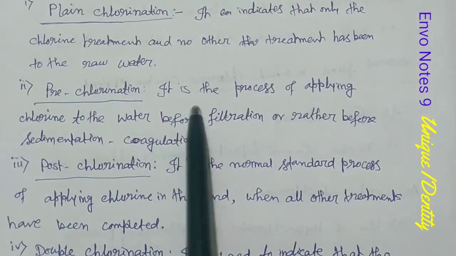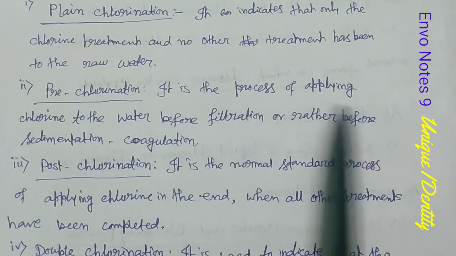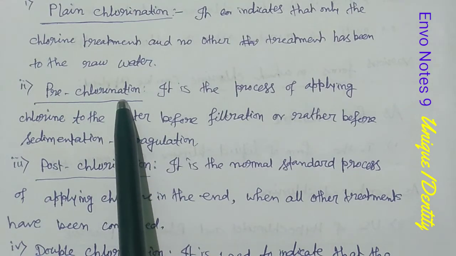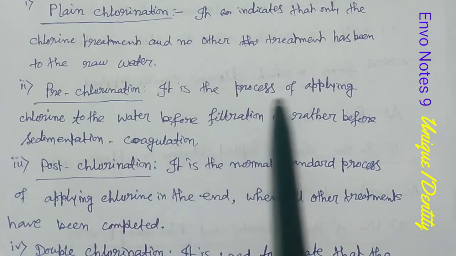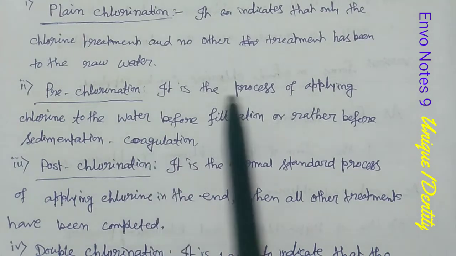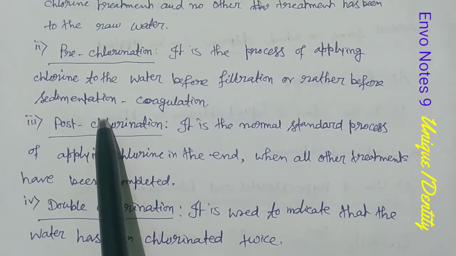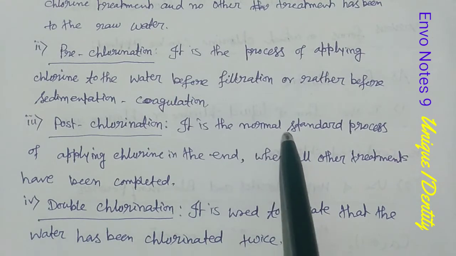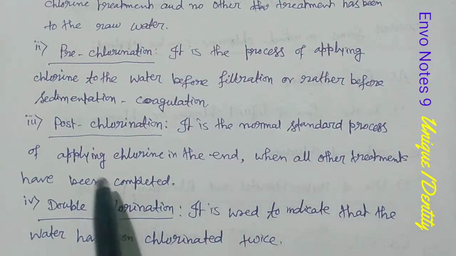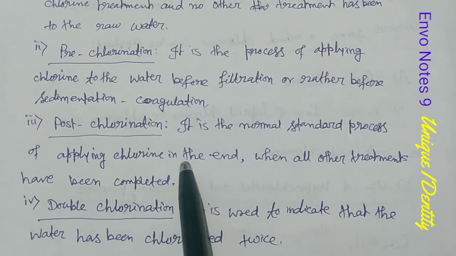Pre-chlorination is the process of applying chlorine to the water before filtration, or rather before sedimentation and coagulation. By definition you can easily understand that chlorine is applied to water before filtration. Post-chlorination is the normal standard process of applying chlorine in the end, when all other treatment has been completed.